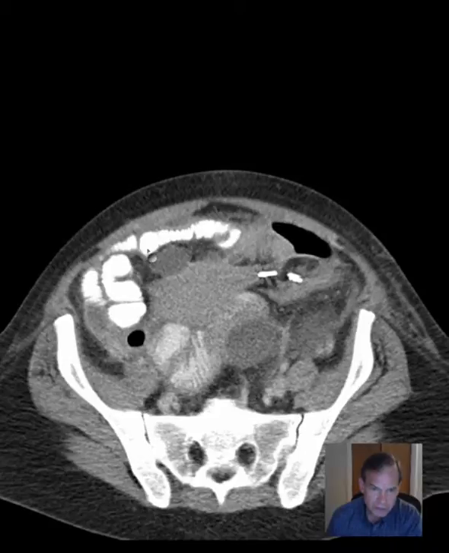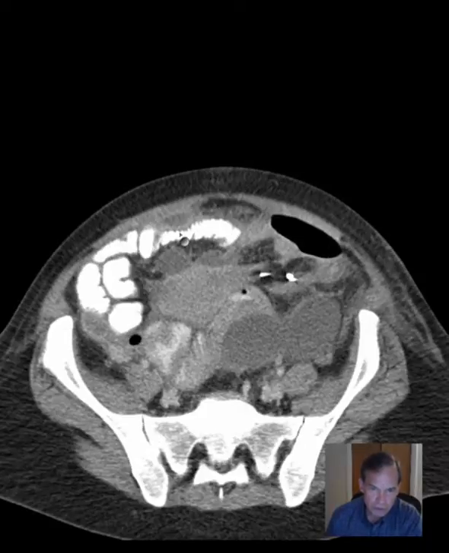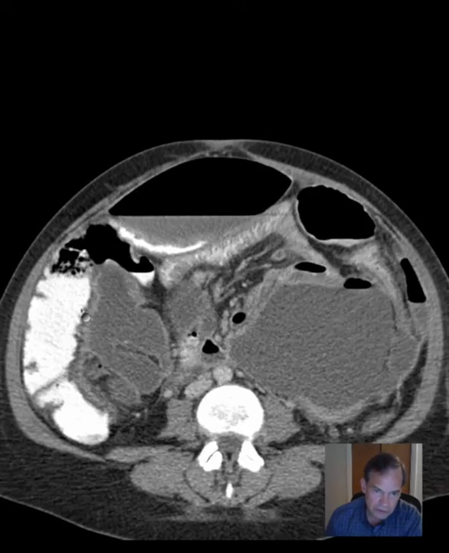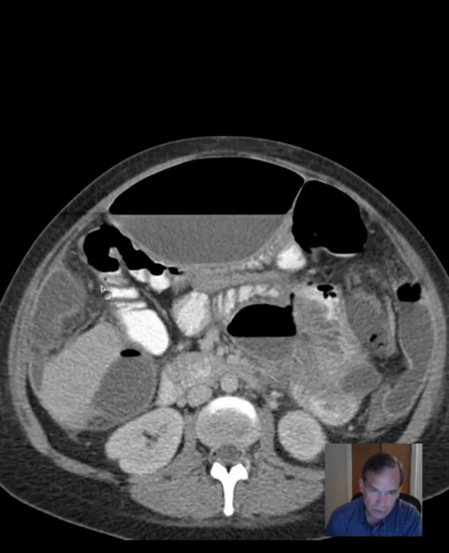In this area we seem to be in the more distal small bowel, which is ileum. It's jejunum proximally and then ileum distally. And I would say that the ileocecal valve looks like it's right here. And you have contrast in the terminal ileum, and you have oral contrast in the colon.